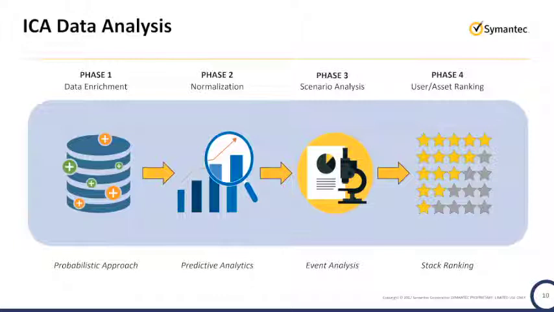And then lastly is stack ranking of it all. That's where the prioritization comes down, taking all the data that we've brought in from the very beginning, analyzed and grouped together, and then stacking it out into who are the most risky users, which are the incidents that I should be addressing first that have the highest risk and are also potentially very abnormal for those users. That's the stack ranking that comes out at the end of the day.